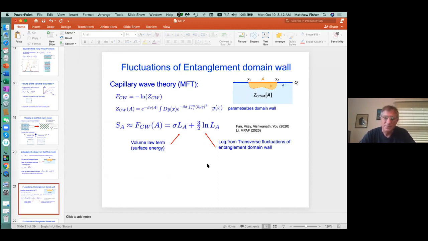As p gets smaller, it's like going deeper into the ferromagnetically or magnetically ordered phase, so it's like going to lower temperatures. So it's really a fake temperature. It's not really a temperature here. On the other hand, as p goes to p_c from below, as you approach the measurement transition from the volume law phase, the dimensionless surface tension beta sigma goes to 0.